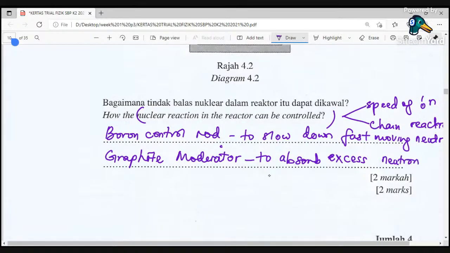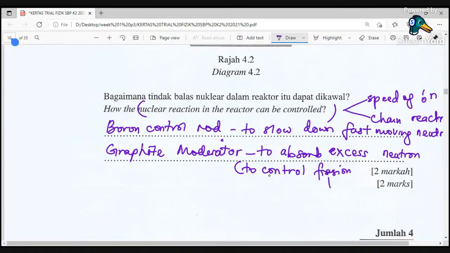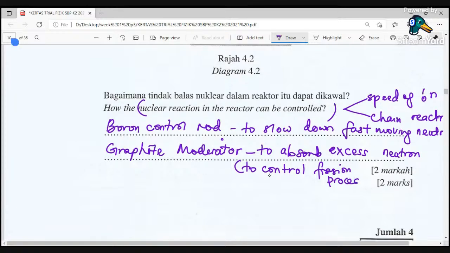Or we can say to control fission process. Because if not control, it will release out large amount of heat energy and then will cause the nuclear reactor to explode. So it's very dangerous. Okay.